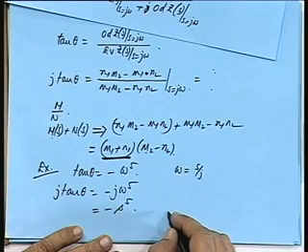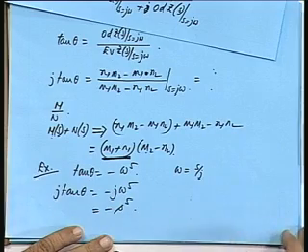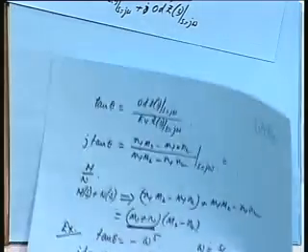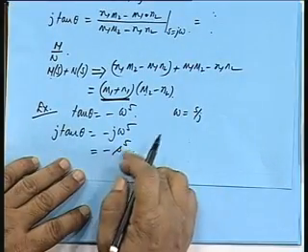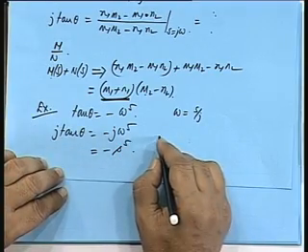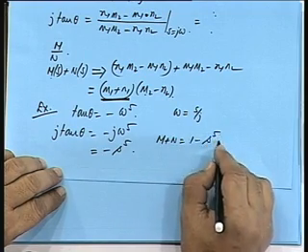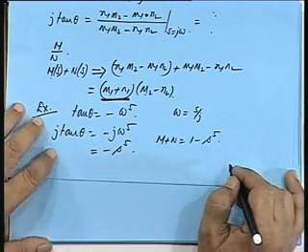All right. So, this we are calling as m by n. So, s to the power 5 by 1, is it not? This will be s to the power 5 by 1 with a negative sign. So, what will be m plus n? 1 minus s to the power 5. Is that all right?